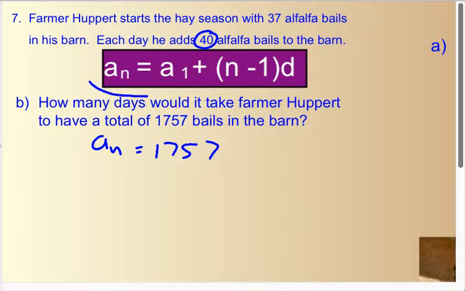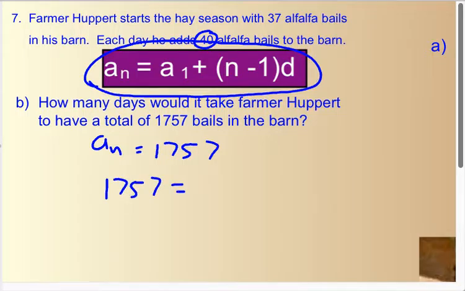You can still use this formula right here, but we've got to do a little bit of work for it. First of all, a sub n, like we said, is 1,757 equals a sub 1. We decided that 37 was a sub 0. Add 40 to that to get the first day's total at 77. That's a sub 1.